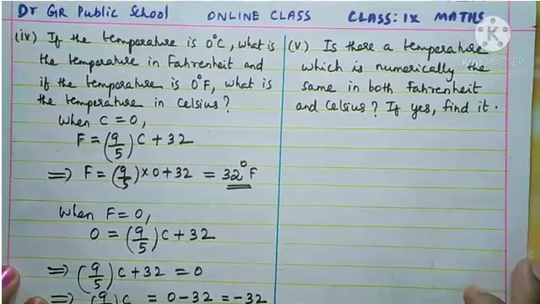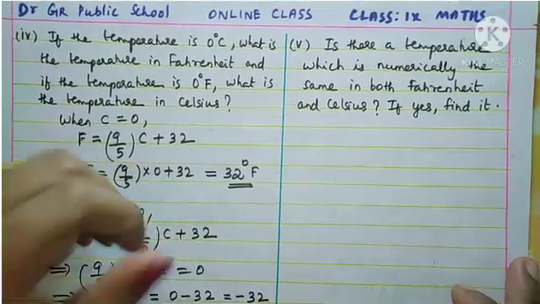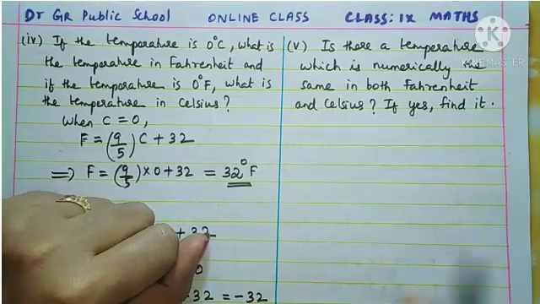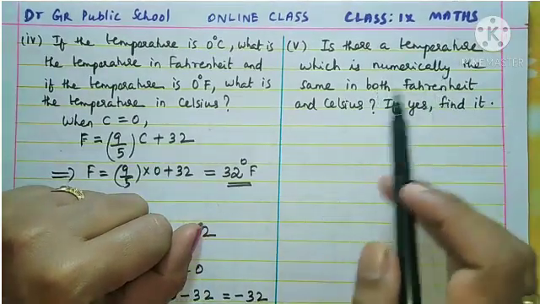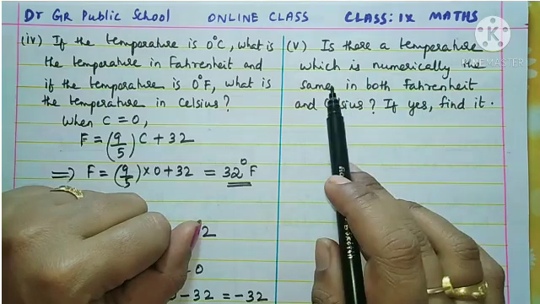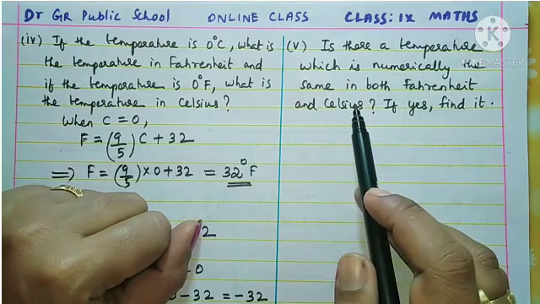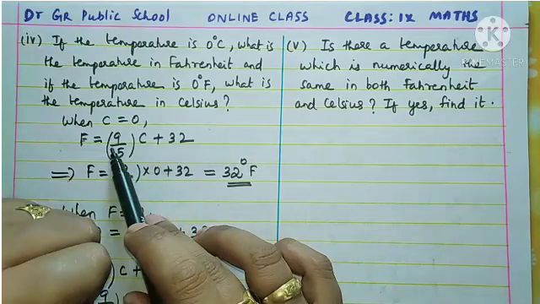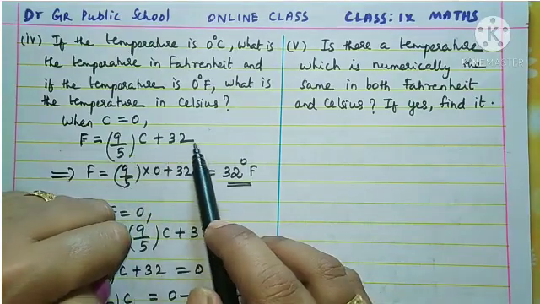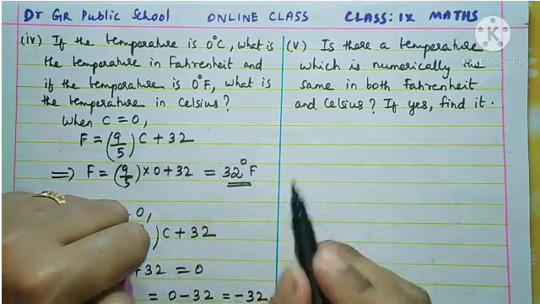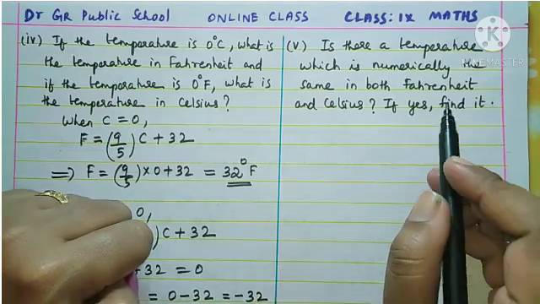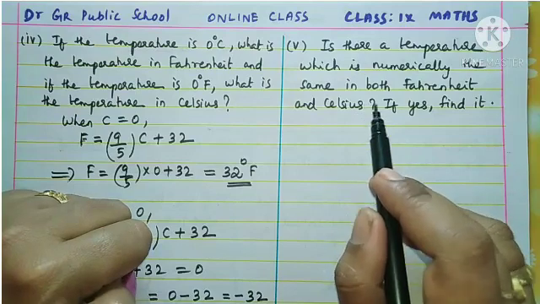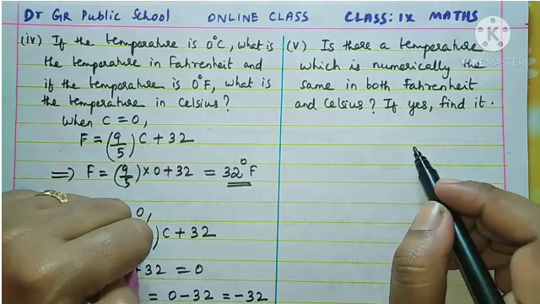But the question is asking, is there a temperature so that we can tell they are equal? Is there a temperature which is numerically the same in both Fahrenheit and Celsius? For this relation F equal to 9 by 5 into C plus 32, is there a number so that Fahrenheit and Celsius are equal for that temperature?